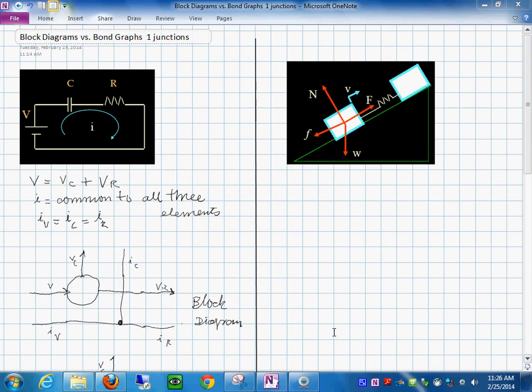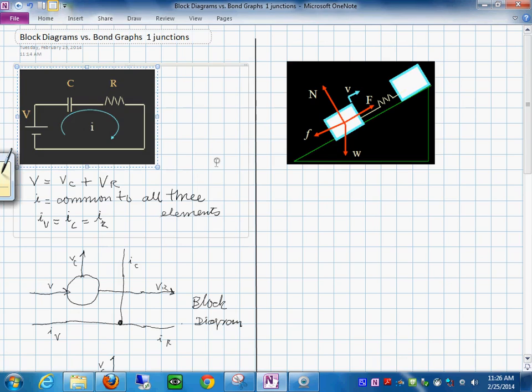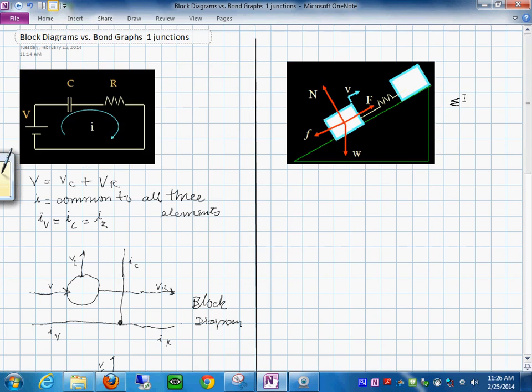Let's take a look now at the mechanical system in here. It's very obvious that on this mechanical system, you see the summation of forces equals mass times acceleration for this kind of element. That's Newton's law.